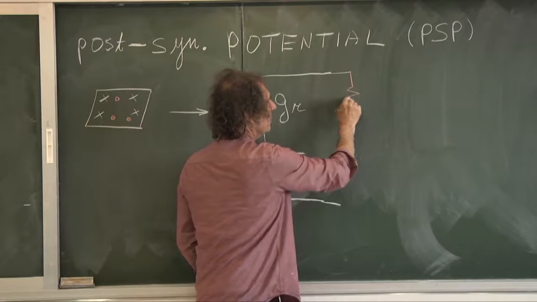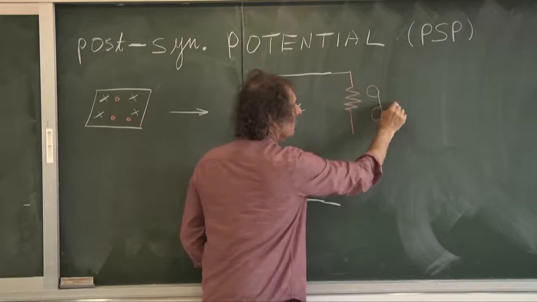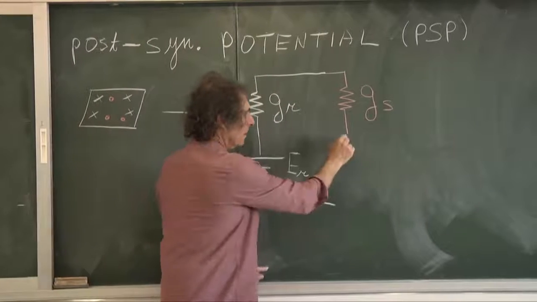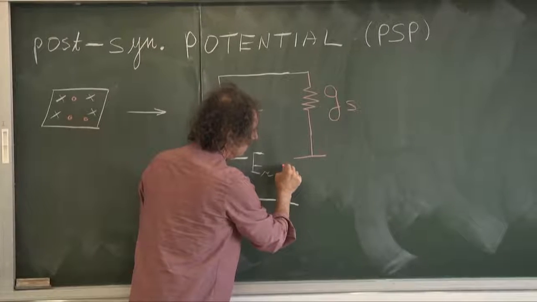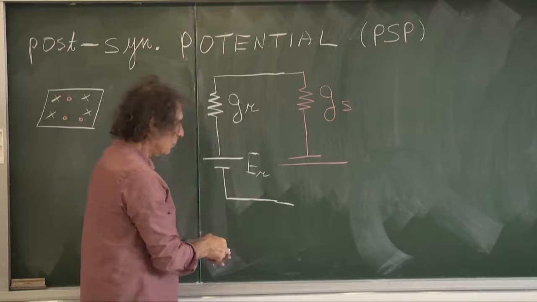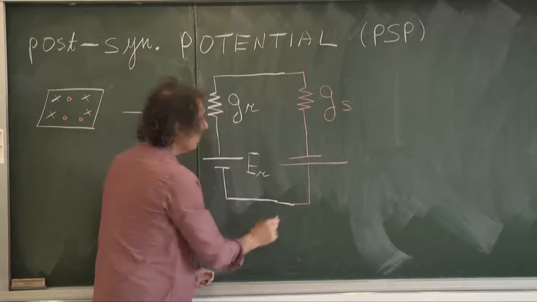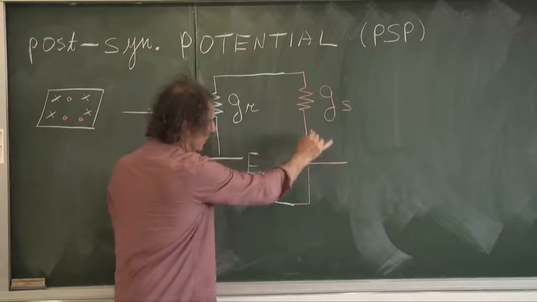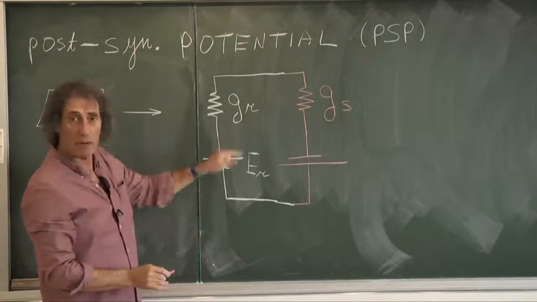So this will be the synaptic conductance and the associated battery. For example, a battery with a positive side into the cell, or it could be the opposite as we just discussed. So this is my synaptic path. This is my passive current path.